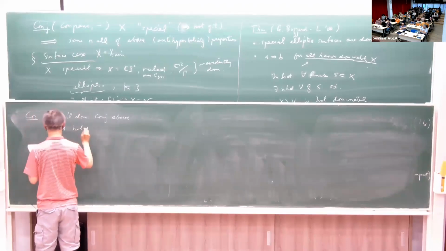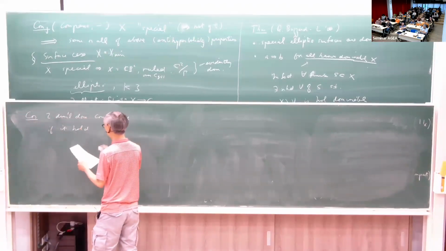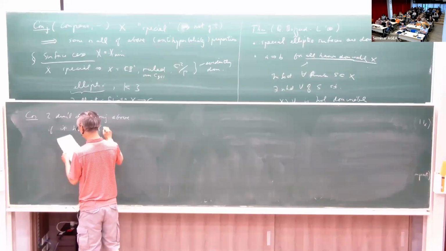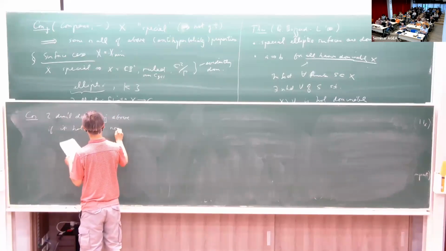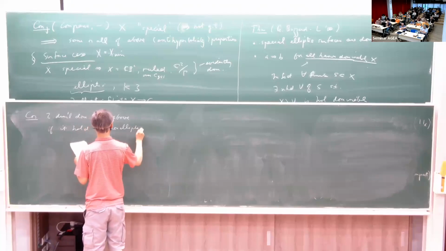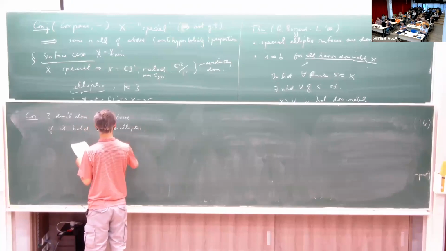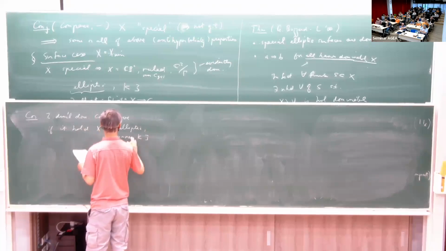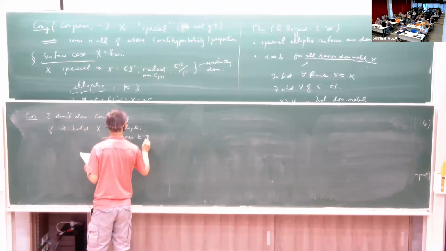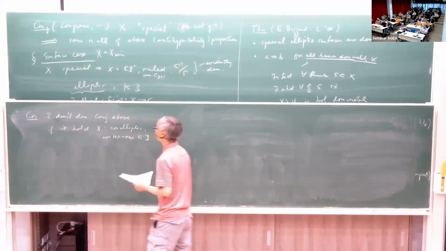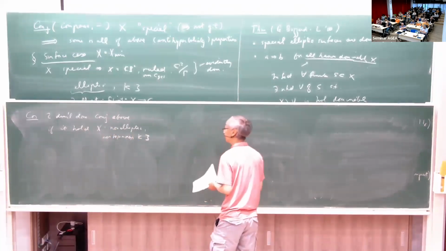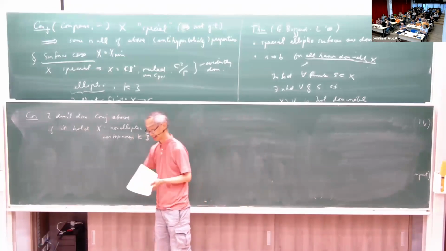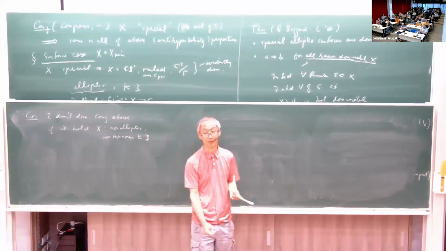So the only case that we cannot deal with is X non-elliptic, non-Kummer. If it's elliptic or Kummer, then by construction they're dominable.